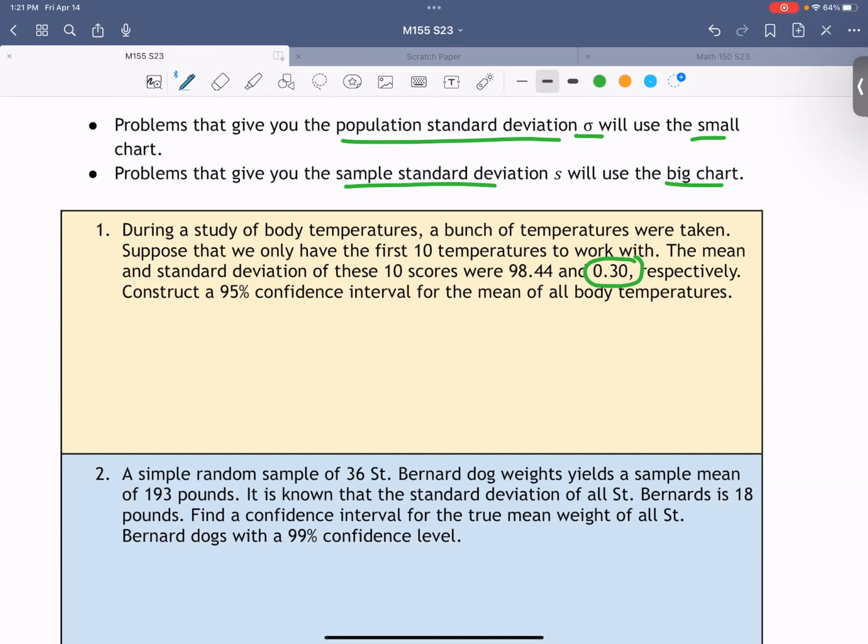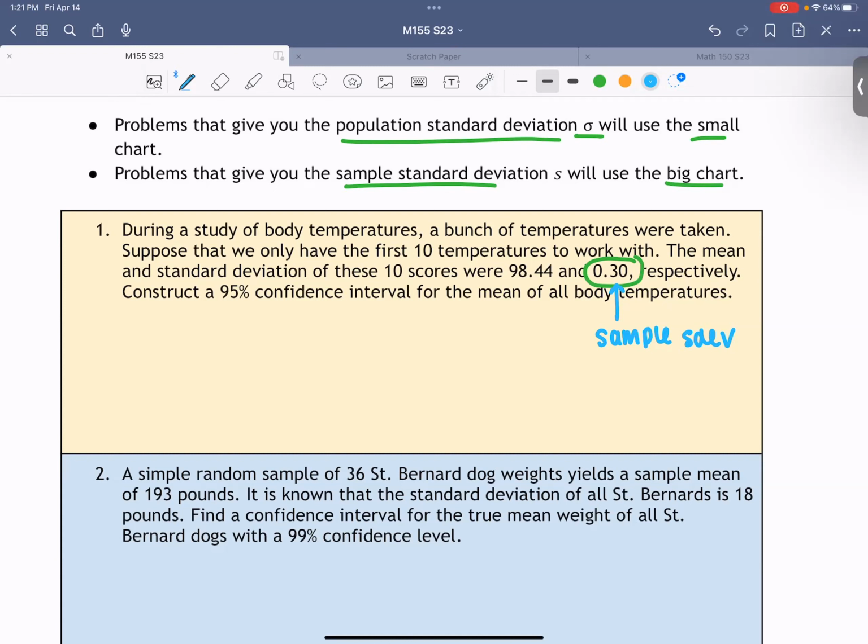Now, let's see. I want to figure out which one this is. Who thinks this is a population standard deviation? Who thinks this is sample standard deviation? Lots of hands. This actually is sample standard deviation. Anyone want to explain why? It says during a study, a bunch of temperatures were taken, which would be another way to say a sample.